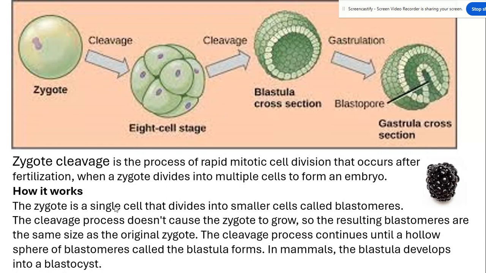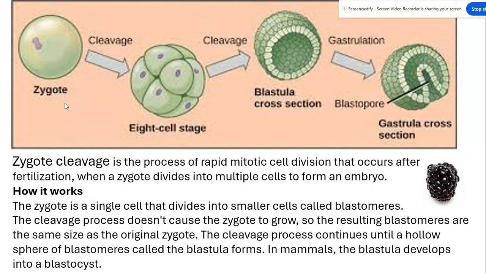The zygote is a single cell that divides into smaller cells called blastomeres. I remember this, raspberry. The cleavage process doesn't cause the zygote to grow, so the resulting blastomeres are the same size as the original zygote. The cleavage process continues until a hollow sphere of blastomeres called blastula forms.